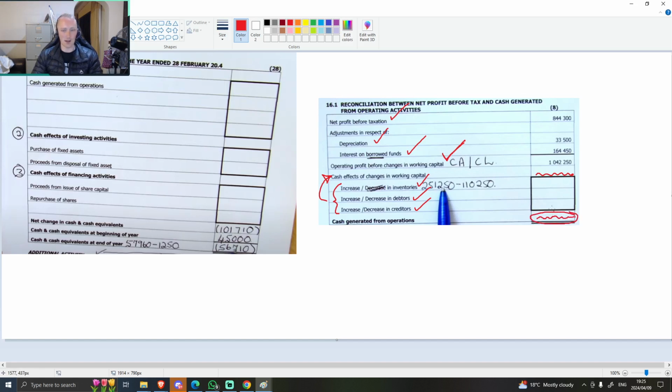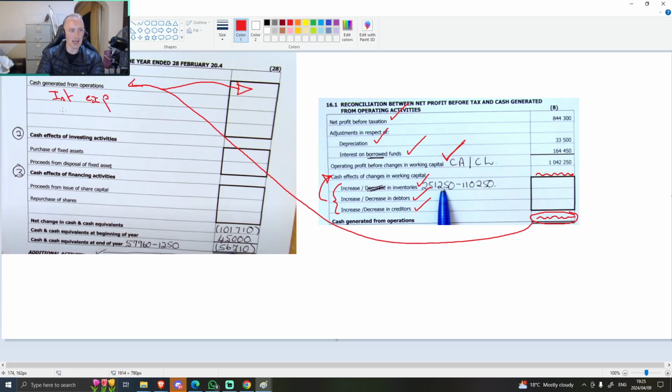But that's not the end. Cash generated from operations. We then have to minus interest expense, we have to minus tax paid, and what's the other thing?